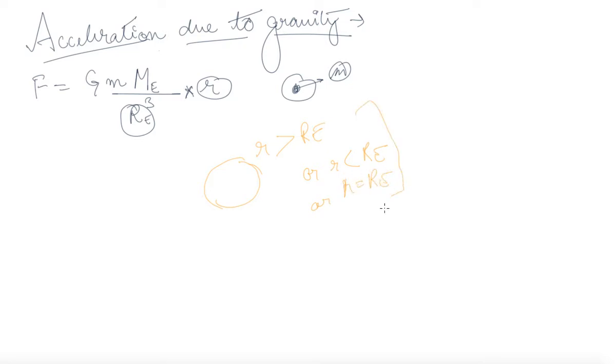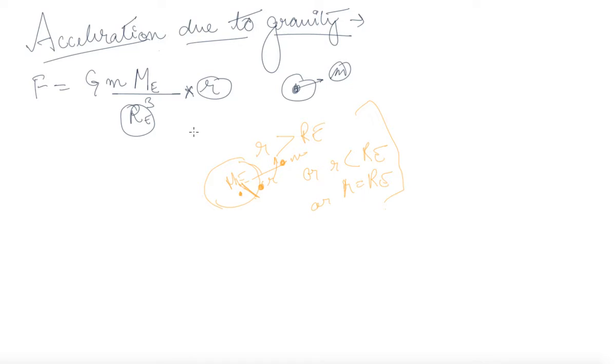So these are the things that we know. If this is your earth mass M_e, m can be situated over here, where r is greater than R_e, or m can be over here at the surface, or m can be somewhere inside, that is, the distance is less than the radius of the earth. So these are some of the things that you come to know.